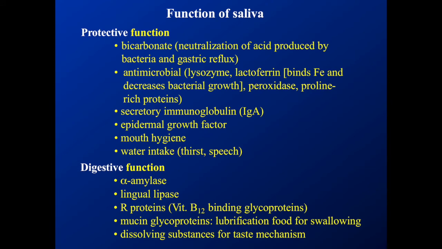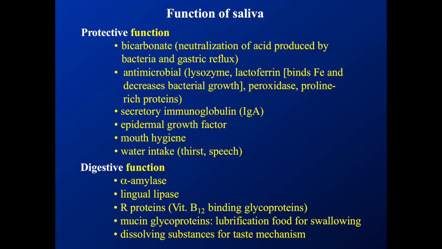And so the functions of saliva are summarized here, and I'll just go into them as we go down. The protective functions, well, bicarbonate is added to saliva, and that creates an alkaline product, and this is important for neutralization of acid produced by both bacteria and gastric reflux.